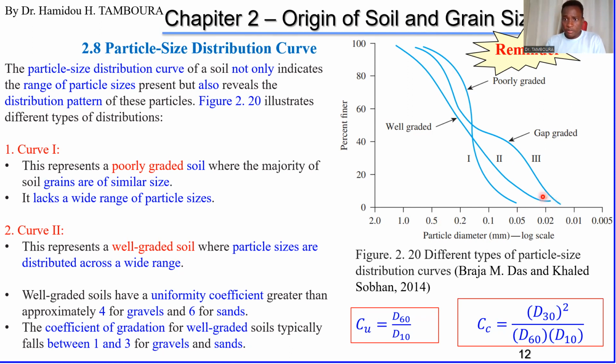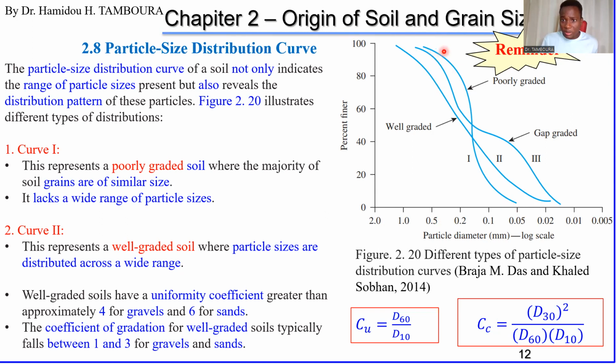However, if the soil doesn't have many sizes, a lot of sizes are missing. For example, for this soil, number 1, I hope you remember this graph, the particle size distribution curve.